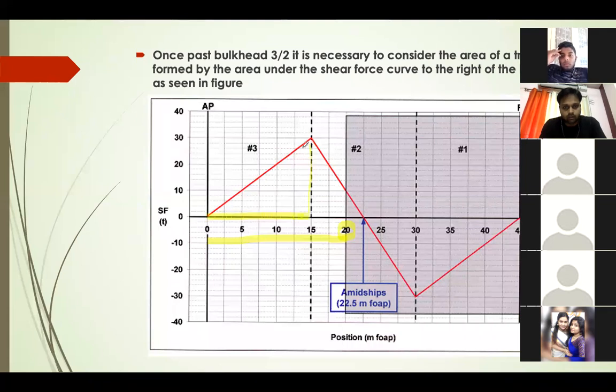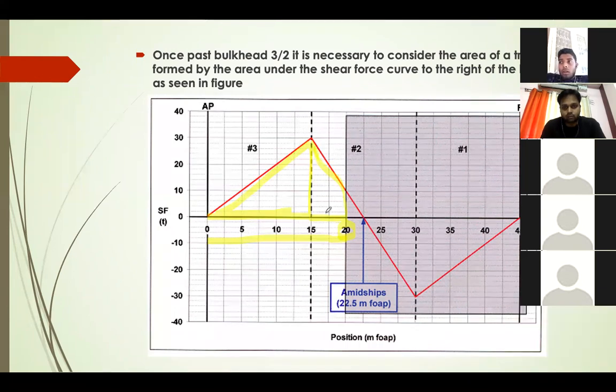This will be a triangle. And from 15 to 20, this will actually be a trapezium. So you'll be calculating the area of a triangle from 0 to 15 and the area of a trapezium from 15 to 20 meters, and you will be combining these two areas to get the entire area for 0 to 20.